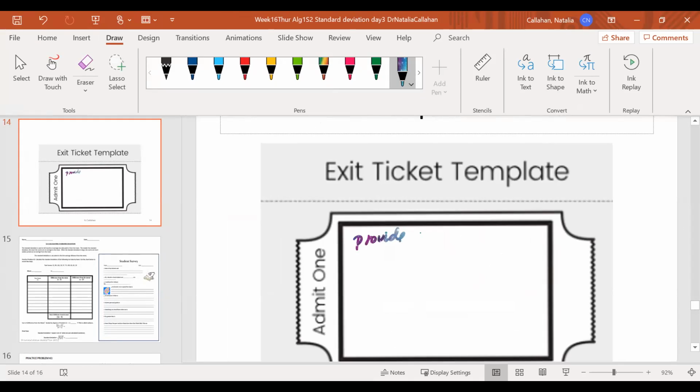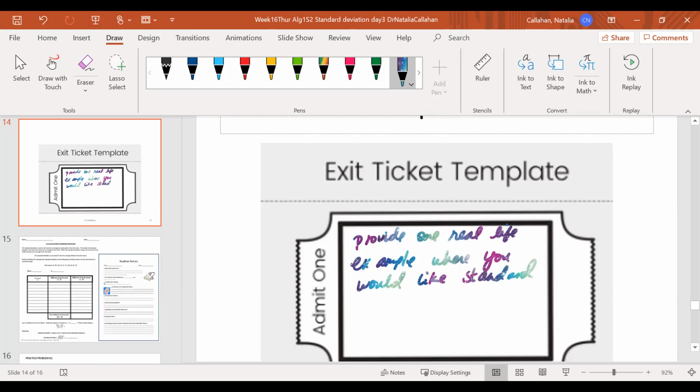Provide one real life example where you would like standard deviation to be applied.